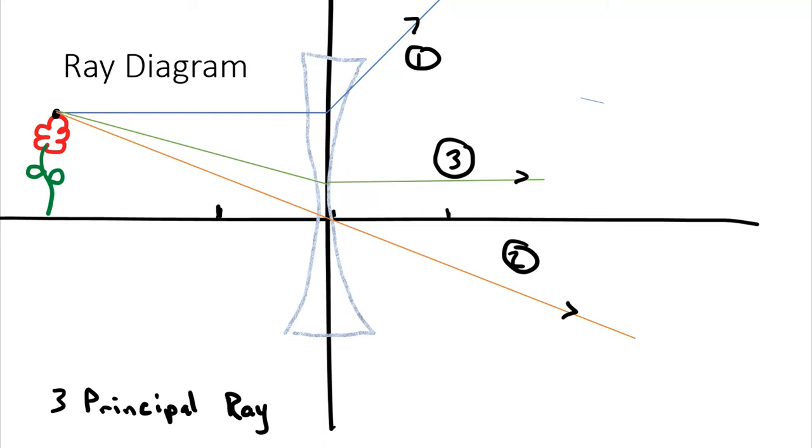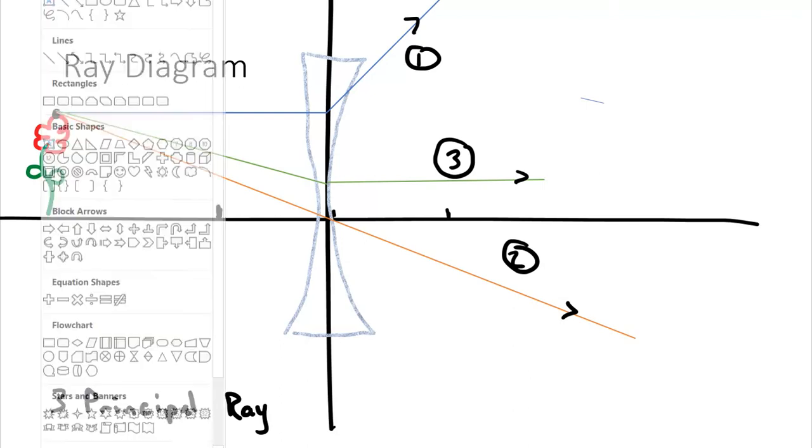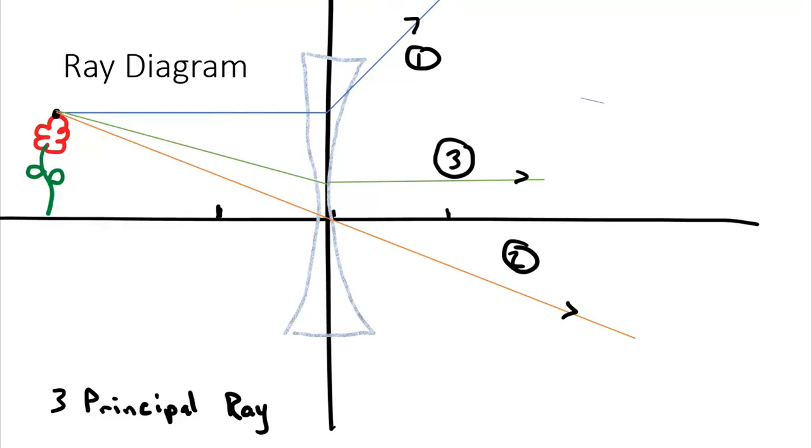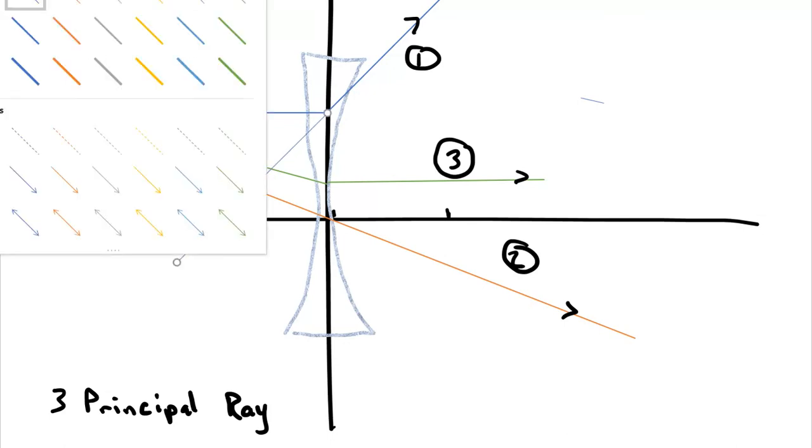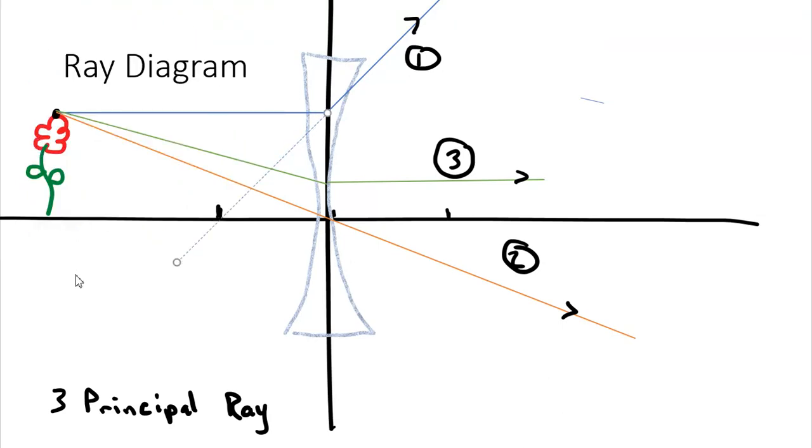So where is the place where these 3 cross? Well, if I do this, and I trace this line back, and I keep tracing it back, it's going to be like this. I'll make it a dotted line, and then I insert another one, and I trace my green line back.